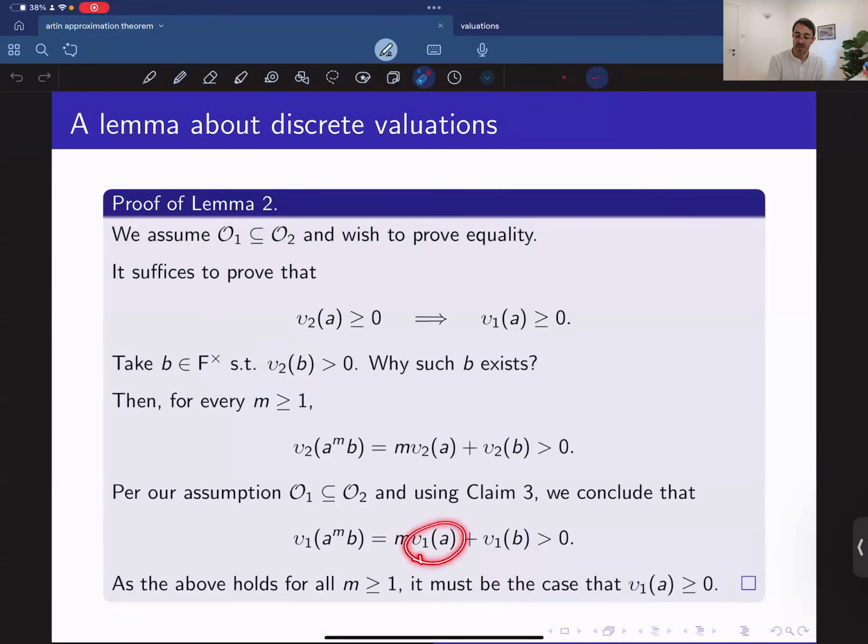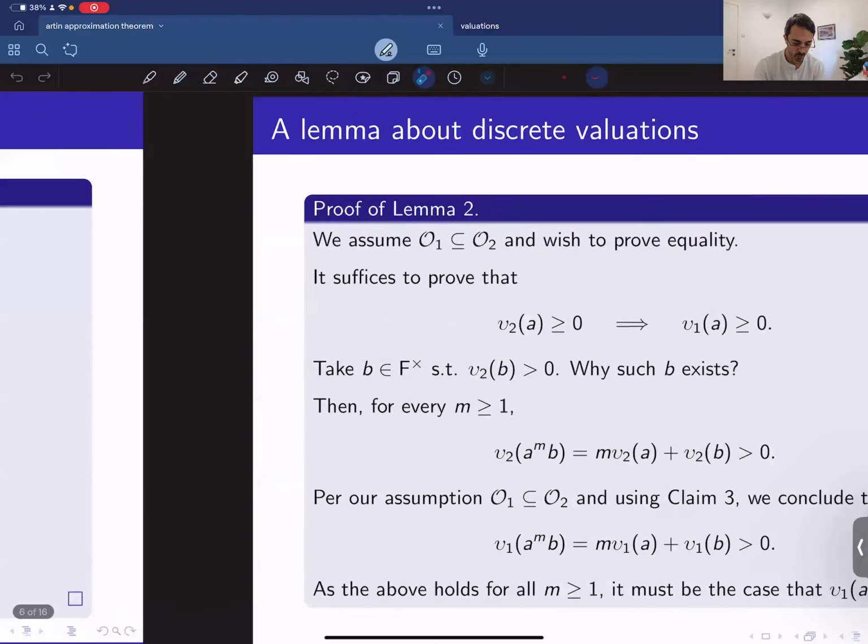And V1 of A, if it's negative, which I want to prove it's not, then as I take M larger and larger, in particular larger than V1 of B in absolute value, then that would be negative, which is a contradiction to it being positive. And the only way around it is to make sure that V1 of A is non-negative. And that proves the claim, the lemma. Okay. So let's see what we just proved.